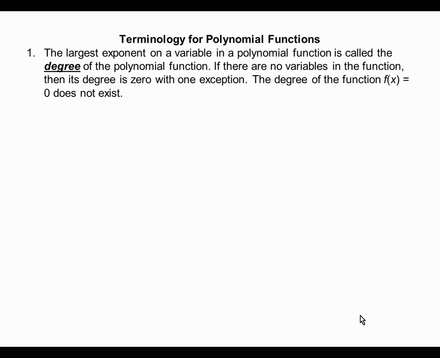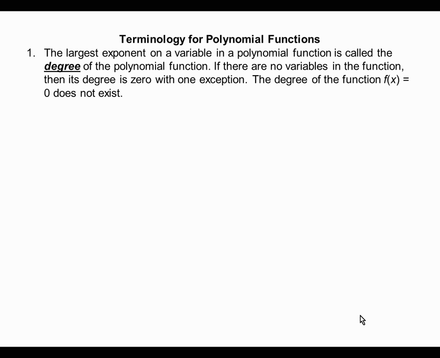Terminology for polynomial functions. Number 1, the largest exponent on a variable in a polynomial function is called the degree of the polynomial function. If there are no variables, like f of x equals a number, then the degree is 0 with one exception.